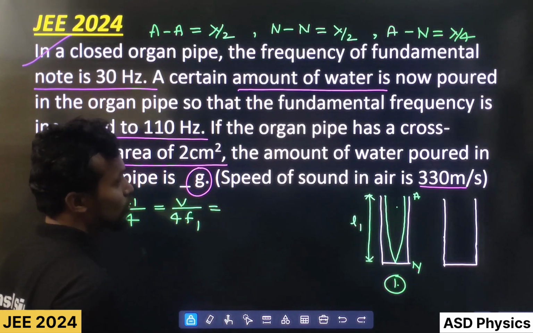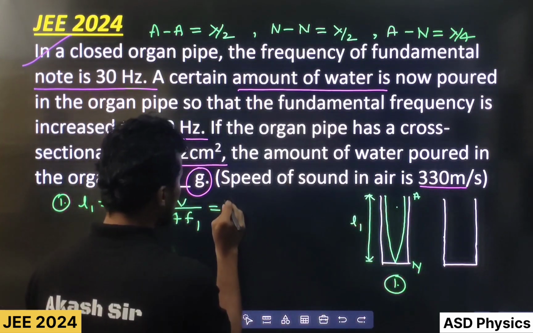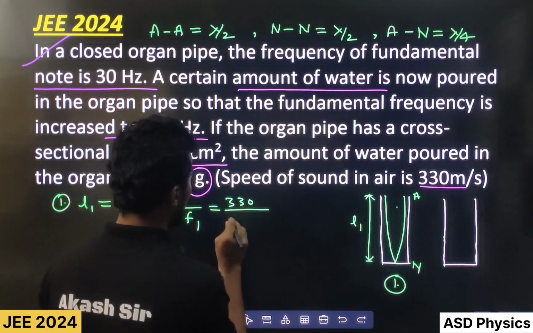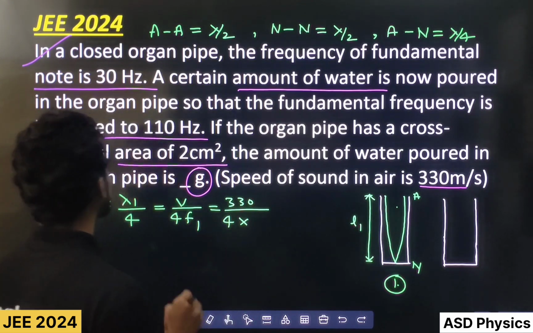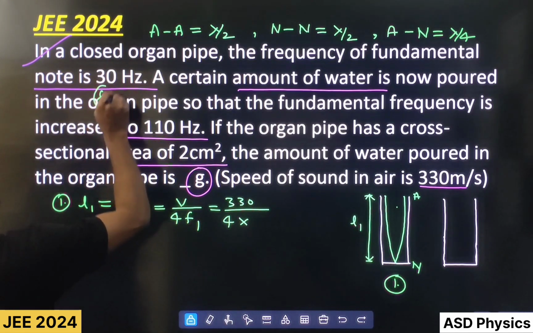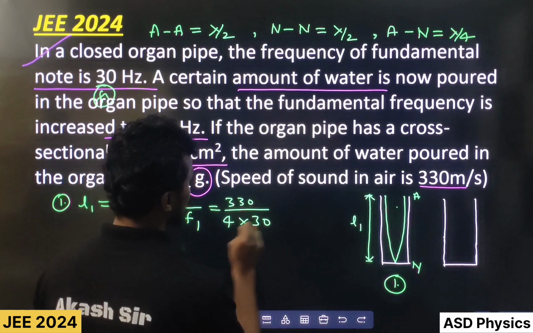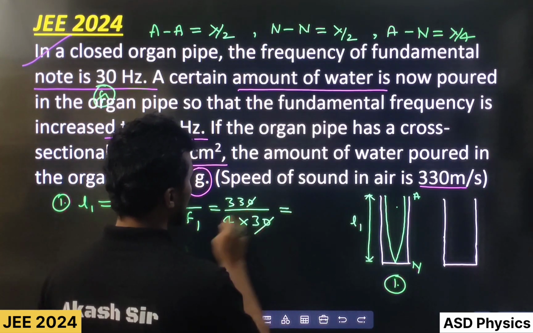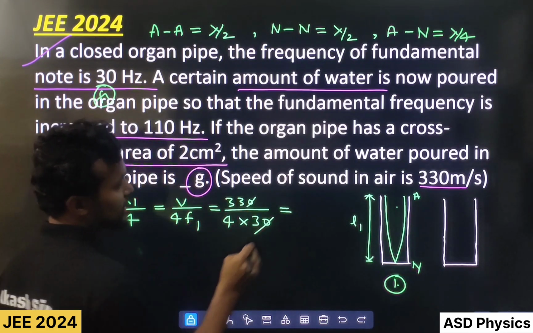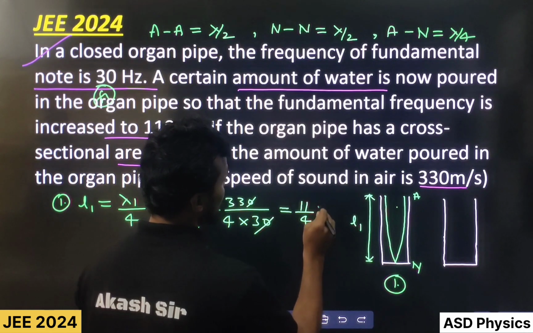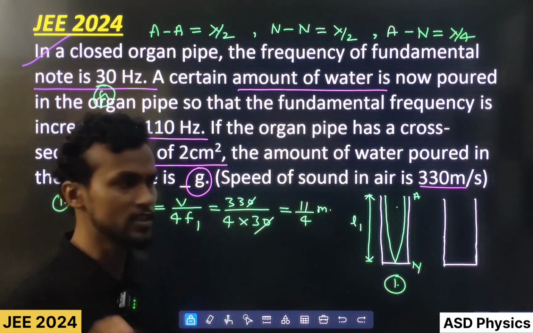The value of V is 330, 4, and F1 initially is 30. Simplifying, the 0 cancels, and it comes 11 by 4 meter. Now the first situation is solved.